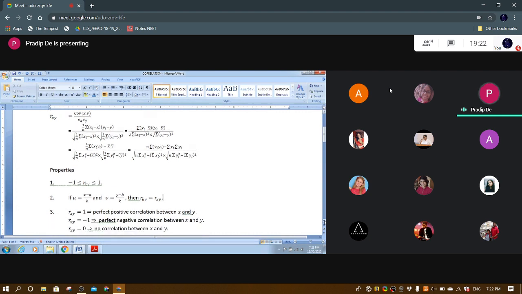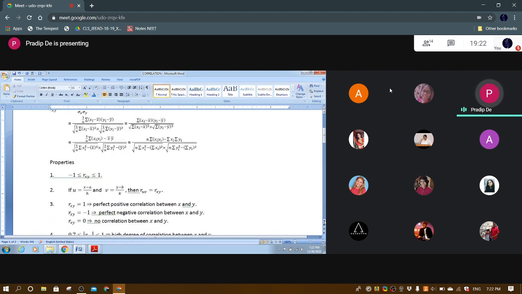Anyway, if Rxy is equal to +1, perfect positive correlation; -1, perfect negative; 0, no correlation.